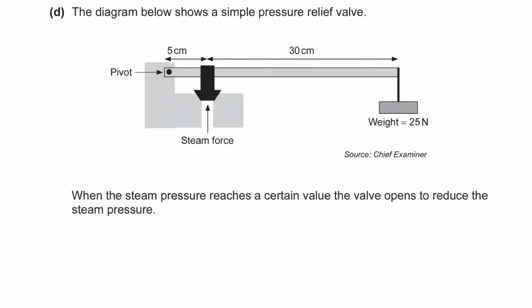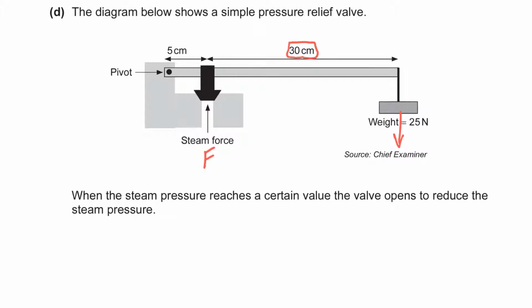You have this steam force then that we'll just call F pushing up, and we have obviously the 25 newtons pushing down. So the 25 is trying to create a clockwise moment, the F is trying to create an anti-clockwise moment, and at the point we're interested in, these are in equilibrium. Now, the most common problem with this question was people using these two numbers with the two forces.